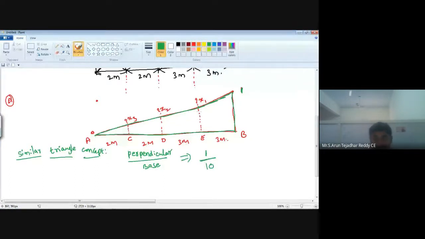Now I need the x1 value, so consider the other triangle, that is A to E, because my unknown x1 value is in E only.